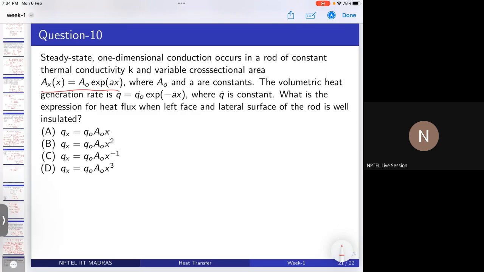Okay, so I will solve this. We know it's already given A(x) is equal to A0 e raised to ax, and the heat generation Q dot is equal to Q0 dot e raised to minus ax.